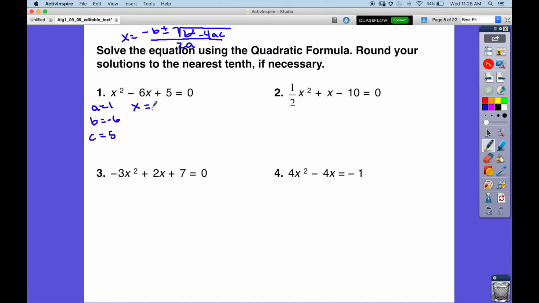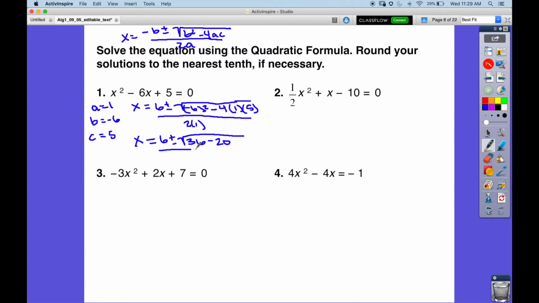X equals the opposite of B, 6, plus or minus the square root of -6 squared minus 4 times 1 times 5 all over 2 times 1. So X equals 6 plus or minus the square root of 36 minus 20 all divided by 2.